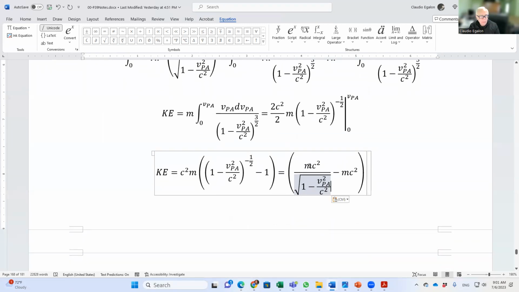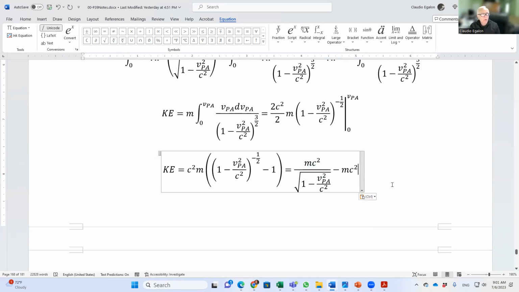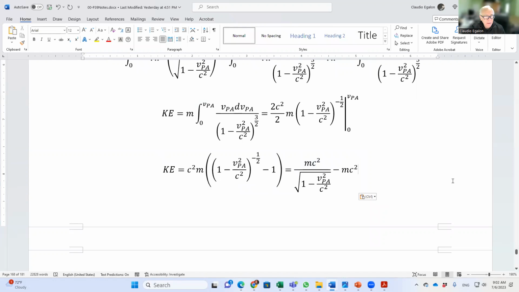See the MC squared term here? That's what the kinetic energy looks like in relativity. This term here is the energy of the particle whenever the velocity is equal to 0. Not the kinetic energy, sorry. Okay, rest energy of the particle.